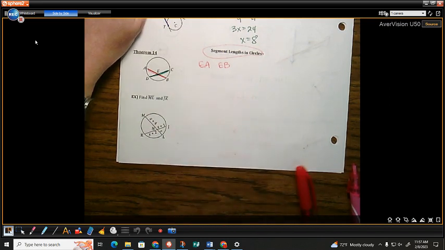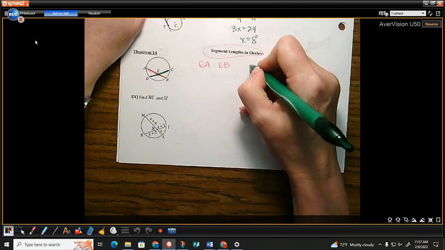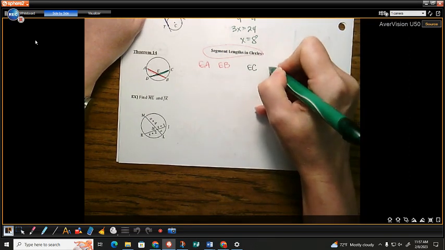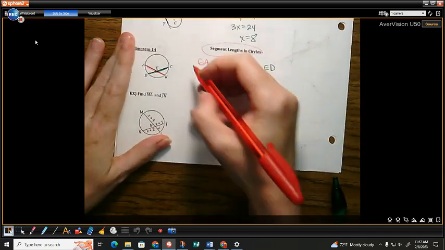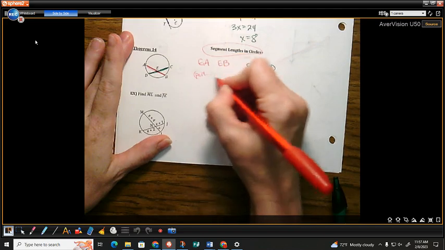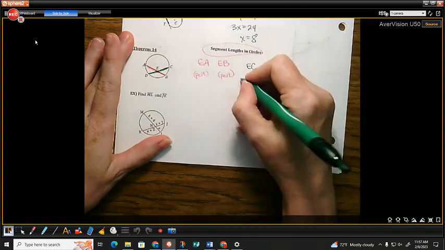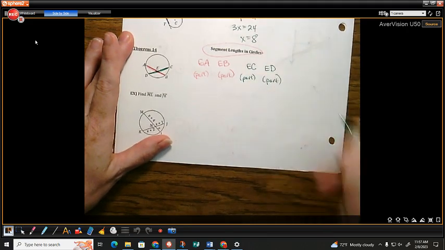What about my green chord? What are the two lengths on my green chord? EC and ED. So this is part of the red, and this is part of the red, and this is part of the green, and this is part of the green.